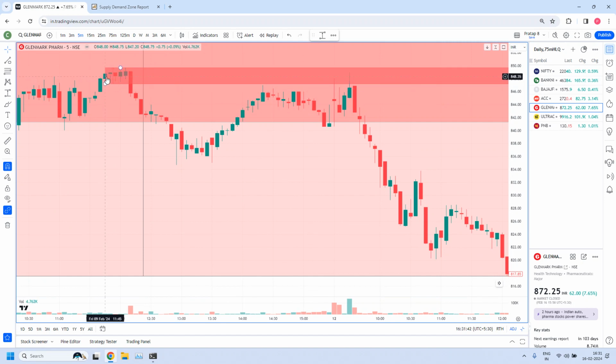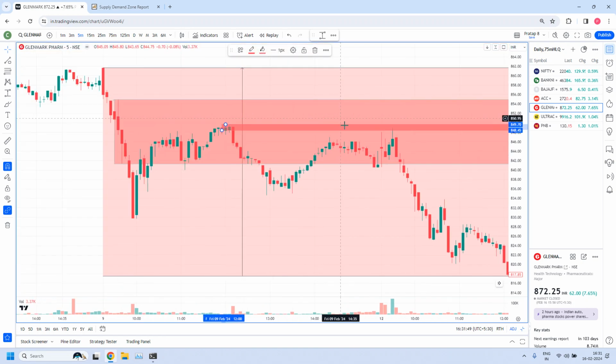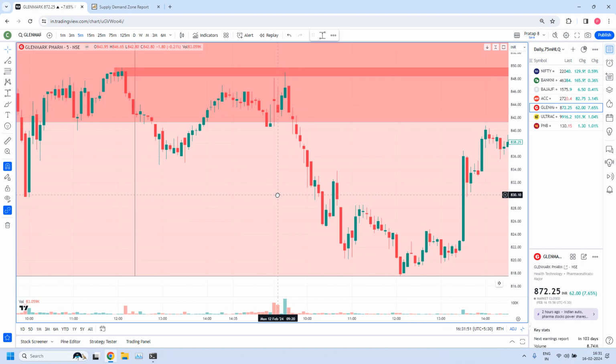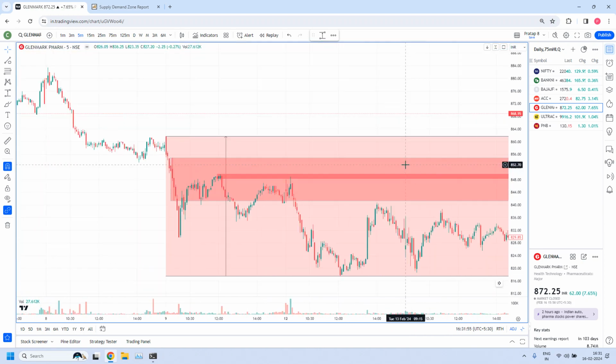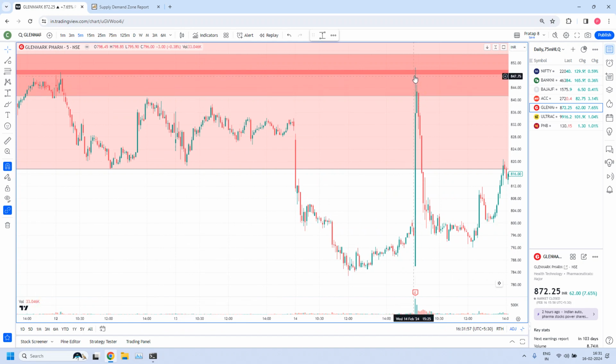Your rally base 1, 2, 3, 4, 5. If anybody planned a 5-minute zone within, earlier you would have planned a trade like this. Already it is tested, gave a good profit. Second time, see, because the 5-minute zone is already tested, second time it is pierced.